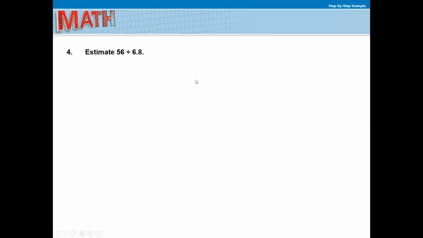Number 4, estimate 56 divided by 6 and 8/10. Round the divisor, the number outside the bracket. I'm thinking of 56 and something that's friendly with 56. Round the divisor 6 and 8/10 to a whole number. The dividend is 56, the number inside the bracket.